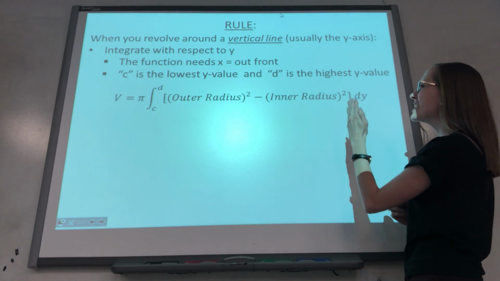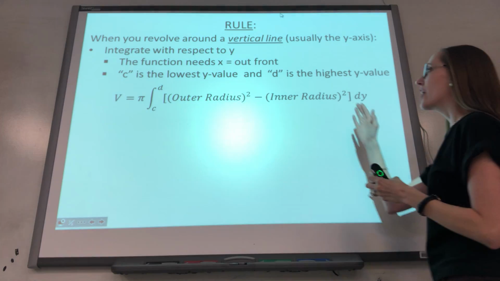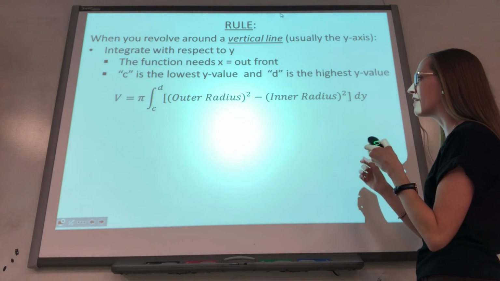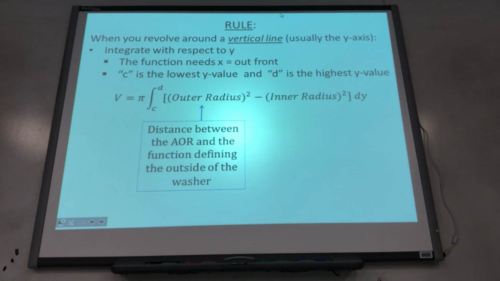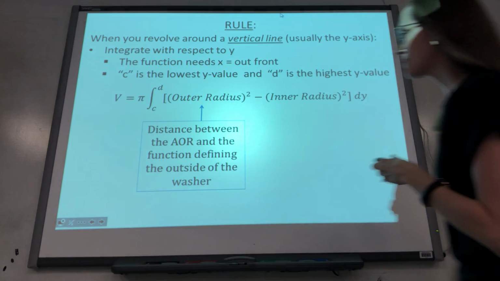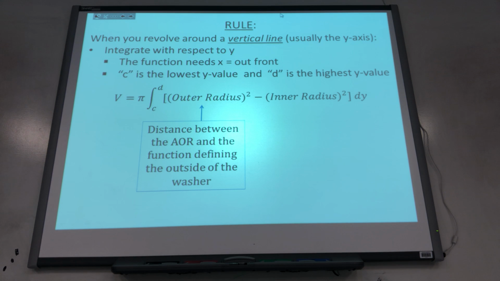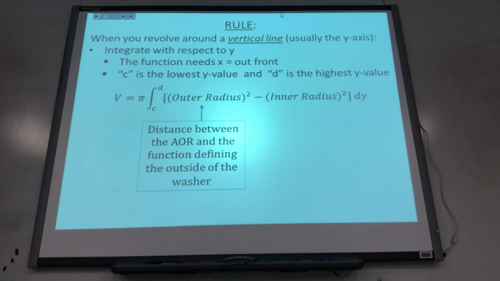Now, because we're spinning around a vertical line instead of a horizontal line, where the outer function and the inner function are is going to be a little bit different. But I'm still going to basically keep this part the same. You get the outer radius from finding the distance between the axis of revolution and the function defining the outside of the washer. It's going to look different today though, again, because it's a vertical line.